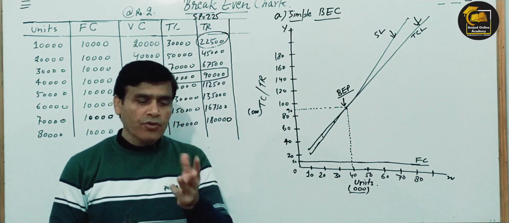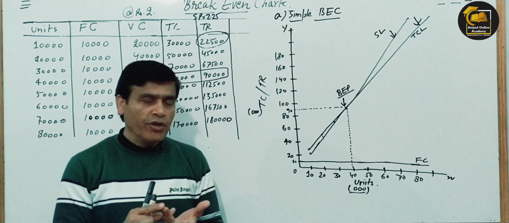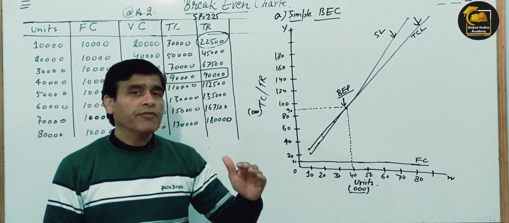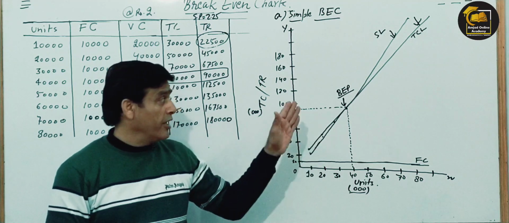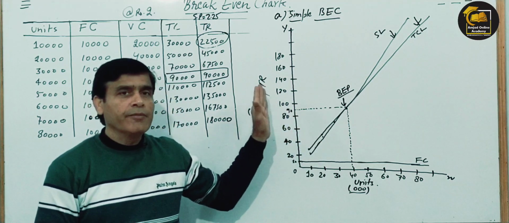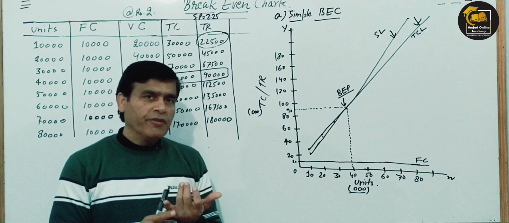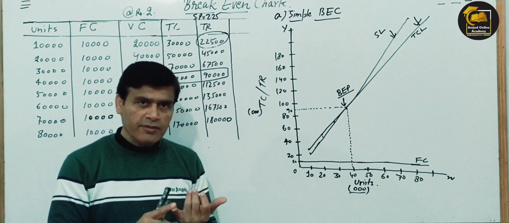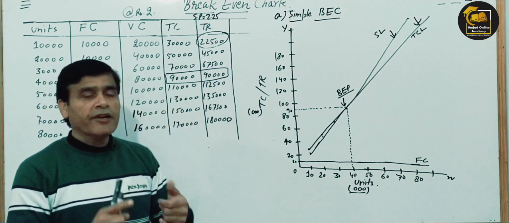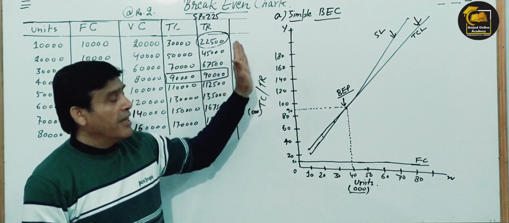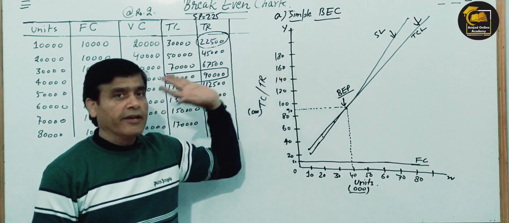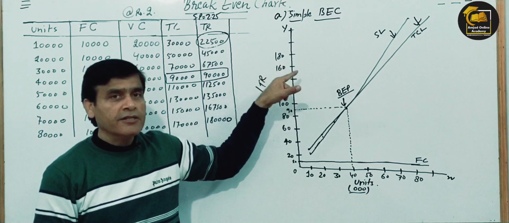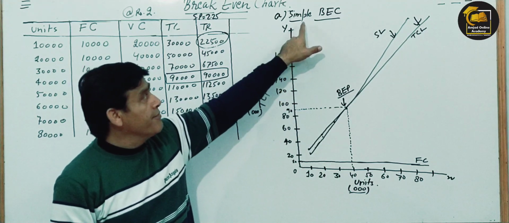So now I have told you the three methods of calculating the break-even point in continuation of the previous video, and I'm requesting you to go through the previous video if you have not, because if you come directly to this video, you will hardly understand what is going on here. First refer to the previous one, where I told you three methods of calculating break-even point. First was with the help of the table, the second was with the help of the formula, and third with the help of break-even charts or break-even diagram. Among the different types of charts, the first I told you is the simple break-even chart.